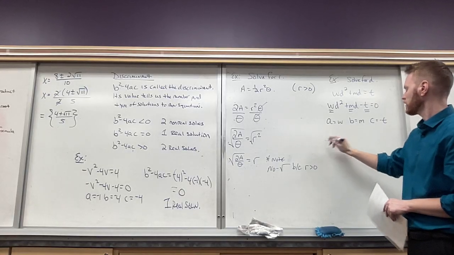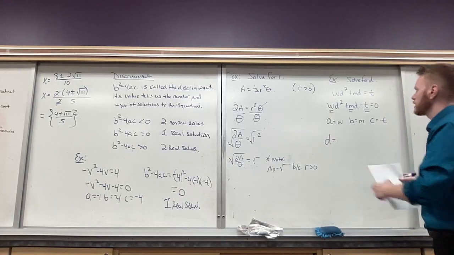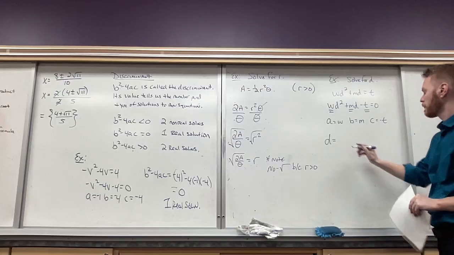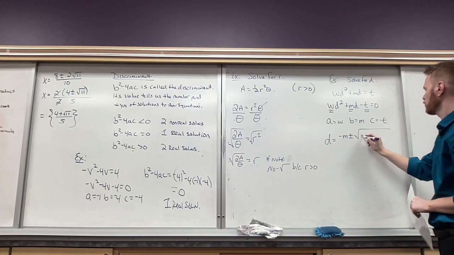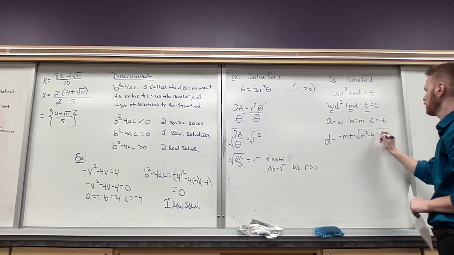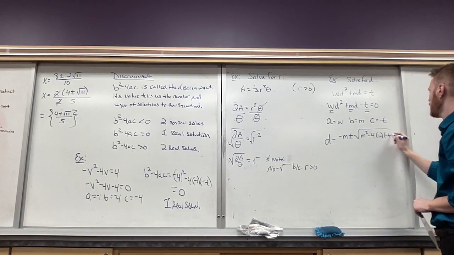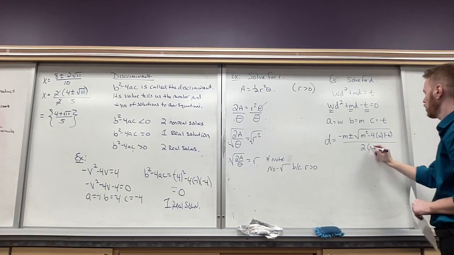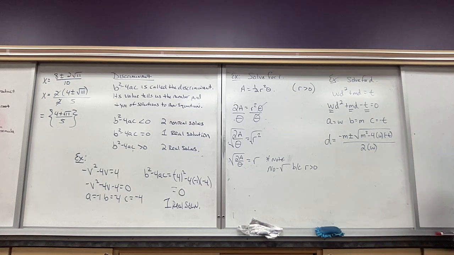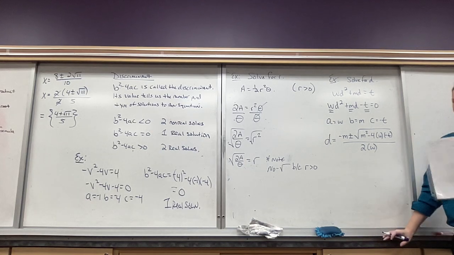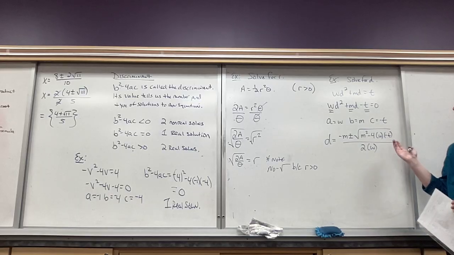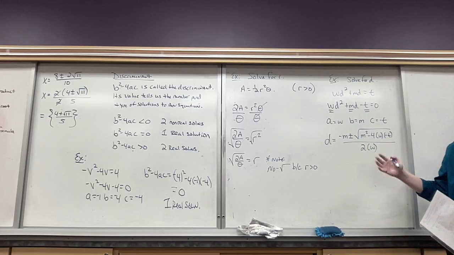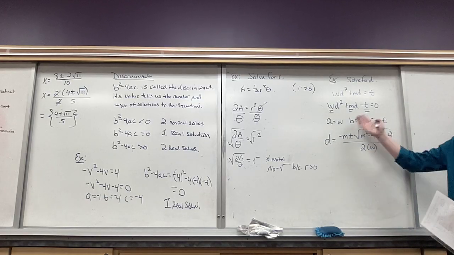So instead of putting x equals, it's going to be d equals, because that's the variable we're trying to solve for. So it's negative b plus or minus the square root of b squared minus 4 times my a times my c all over 2 times my a. I know, it messes with your head a little bit because you're so used to inputting numbers in here and not just letters for letters.